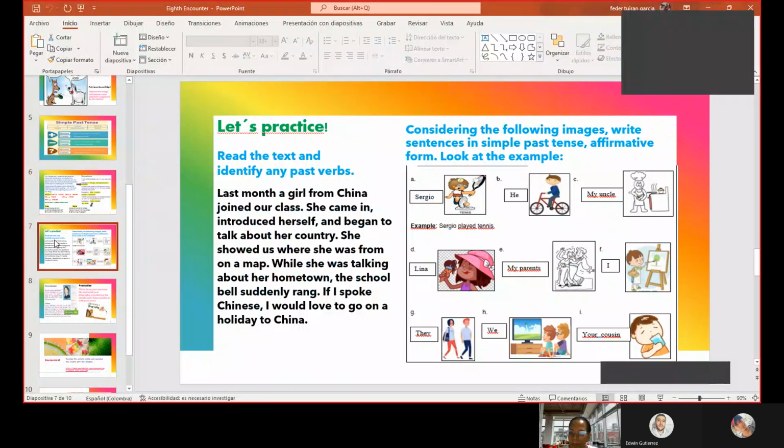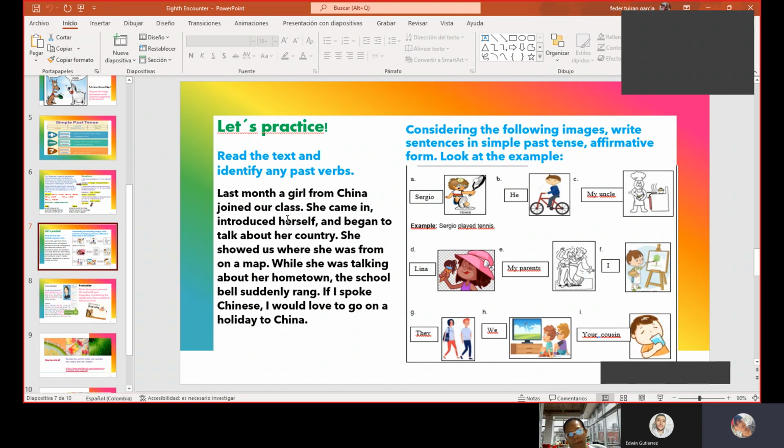For example, we have here an activity. In this activity, we have some regular and irregular verbs in the first part and in the second part. We are going to read the text and identify the past verb. Can you read, please, Anwar? Okay, teacher. I can say, for example, he played football.